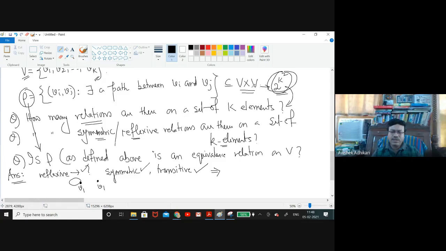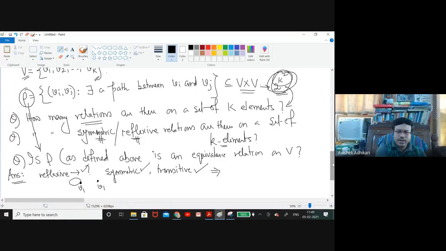You are basically trying to find all possible subsets of a set containing k square elements. The number of subsets of a set having k square elements is 2 to the power k square. So that will be the answer. Very good. Now you just need to find these two values. It may take some time, but it's not that difficult.